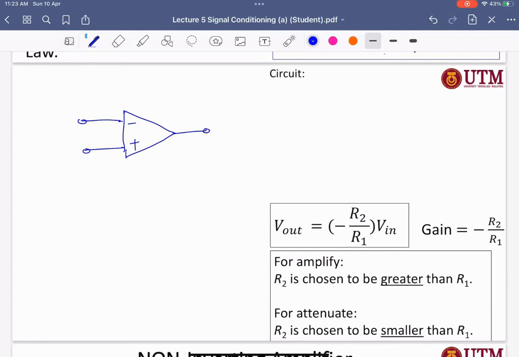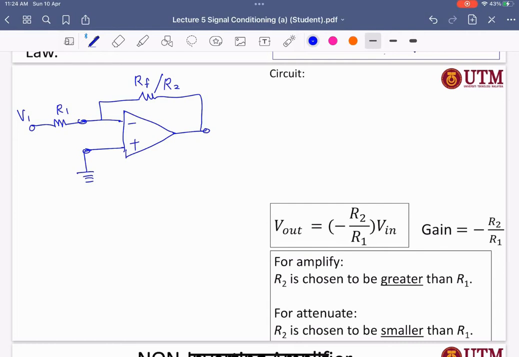So for inverting, the minus is going to the input V1, and then it has a feedback resistor, okay? Sometimes we call it RF, or maybe you can put it as R2 because this one is R1, okay?